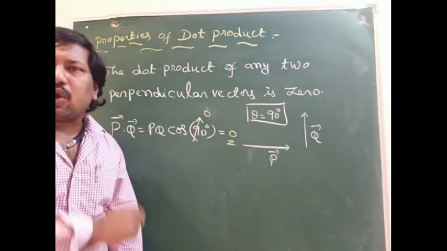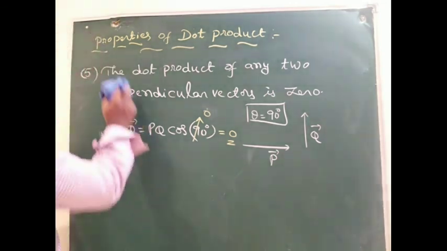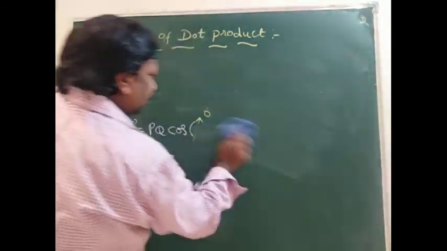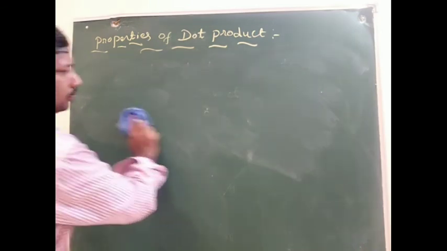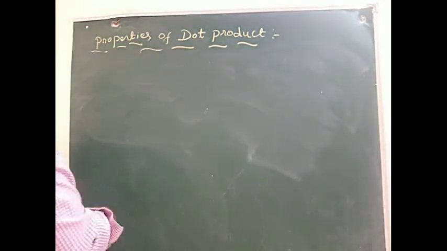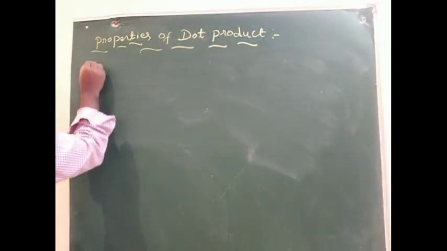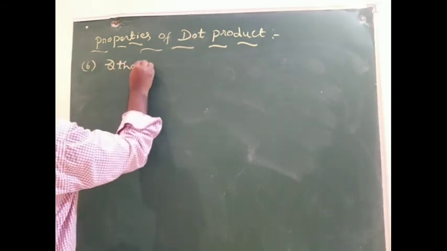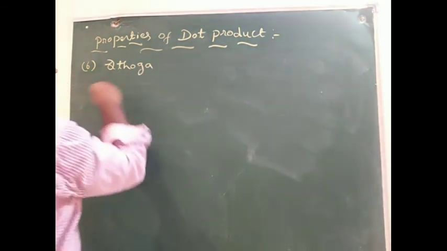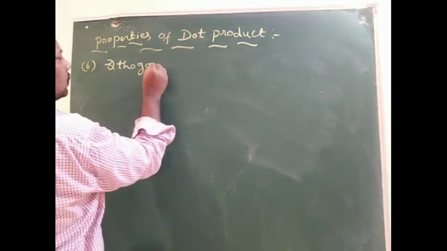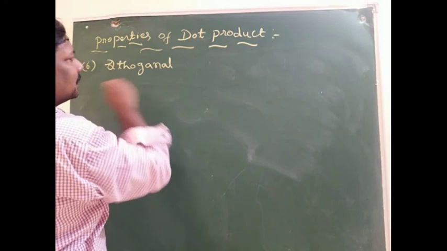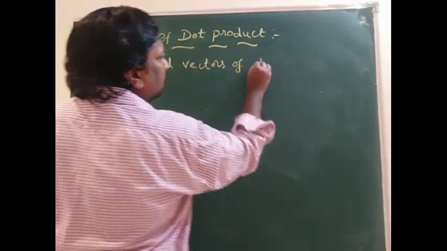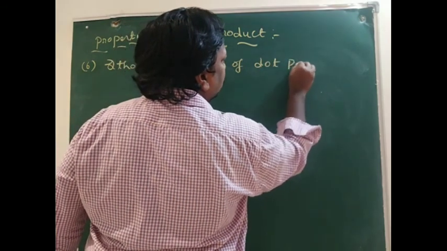Okay. Next property is the dot product of orthogonal vectors.